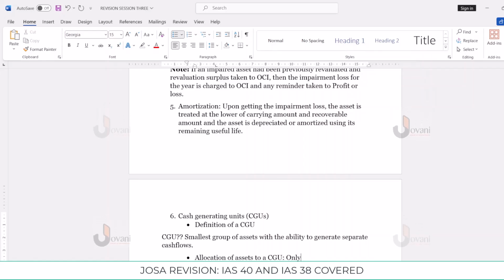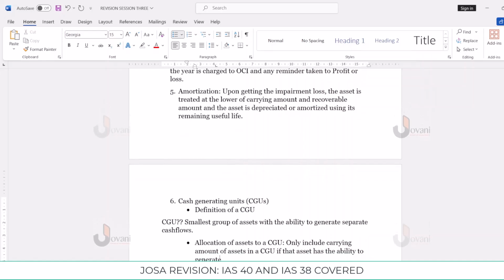We can say we only include the carrying amount of assets in a CGU if that asset has the ability to generate cash flows that can contribute to the value of the CGU.